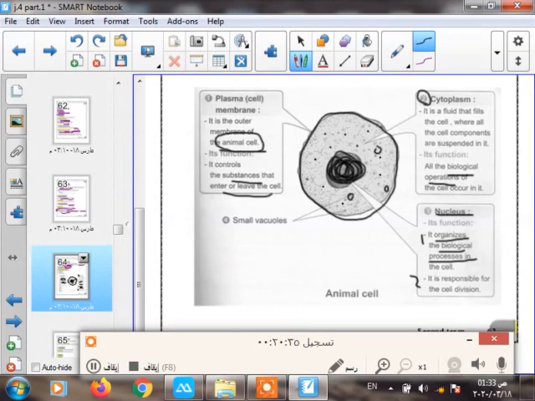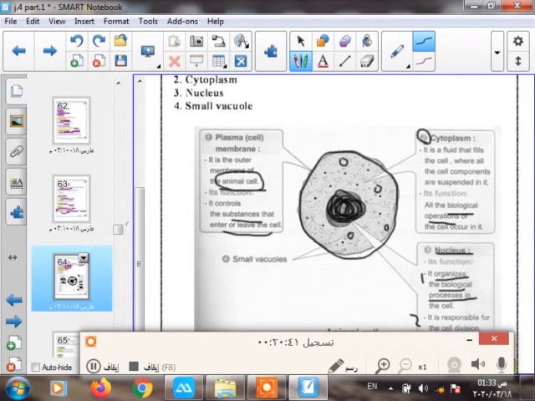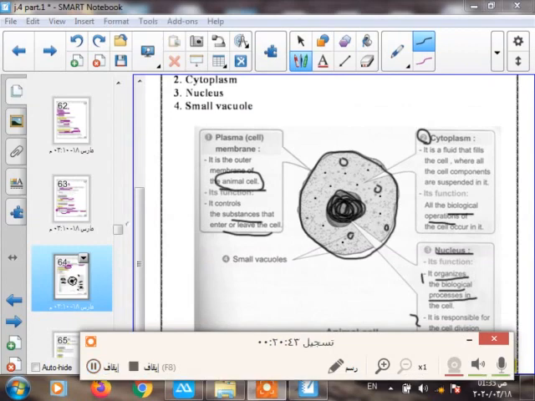And we have small empty spaces, which are called small vacuoles. So let me ask you a question: does the animal cell have a definite shape? No, it hasn't, because it has no cell wall.